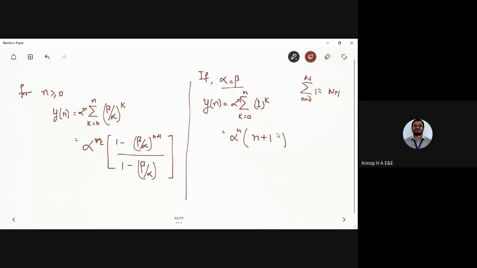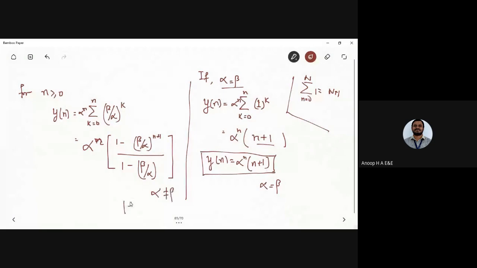So this is a standard identity you can remember, and y of n would be equal to alpha power n times n plus 1. So this is for alpha equals beta, and the earlier one is for alpha not equal to beta, where the modulus of beta and alpha are both less than 1.